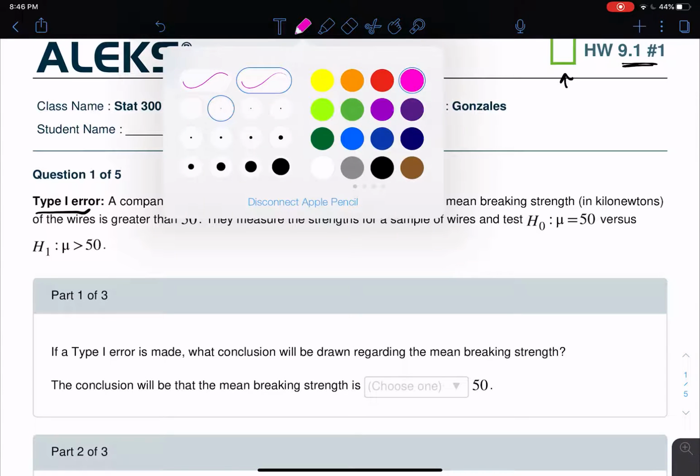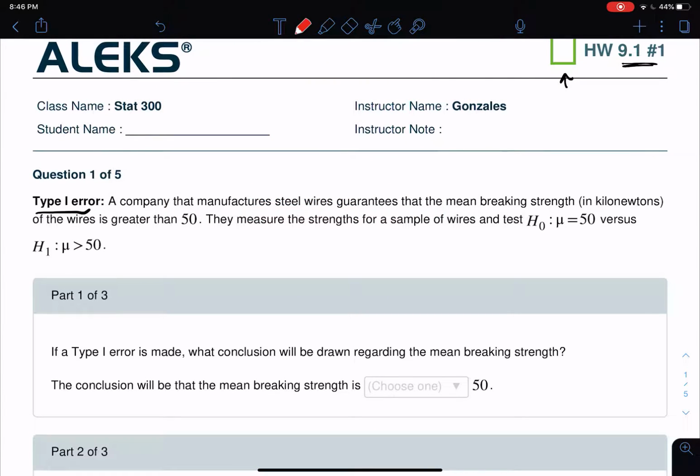And let me spell this out a little bit. Let me go with some red here. I'm going to say that a type 1 error. So what is a type 1 error?